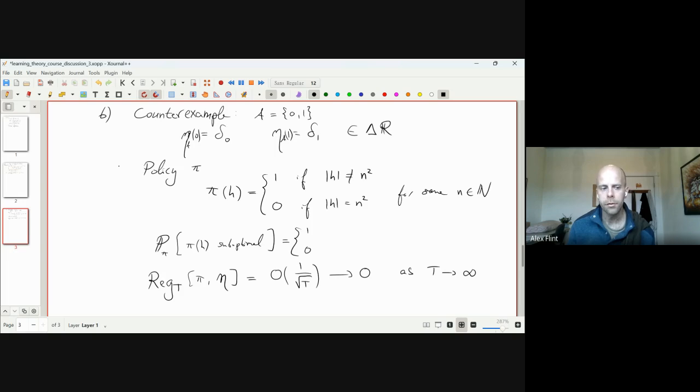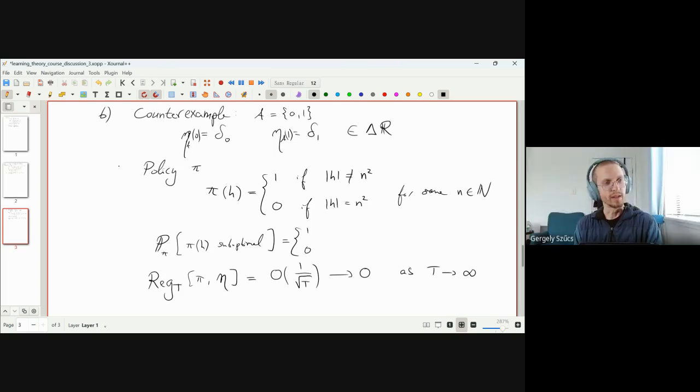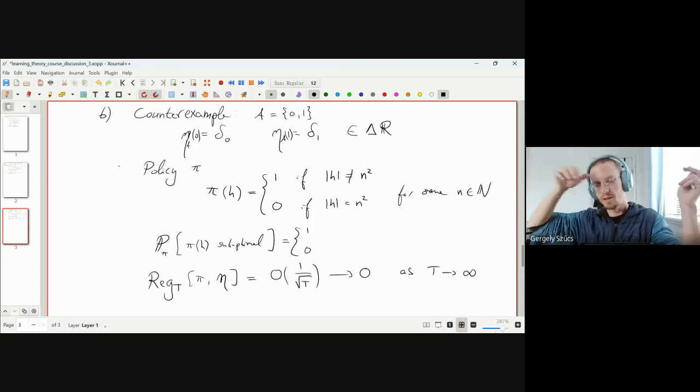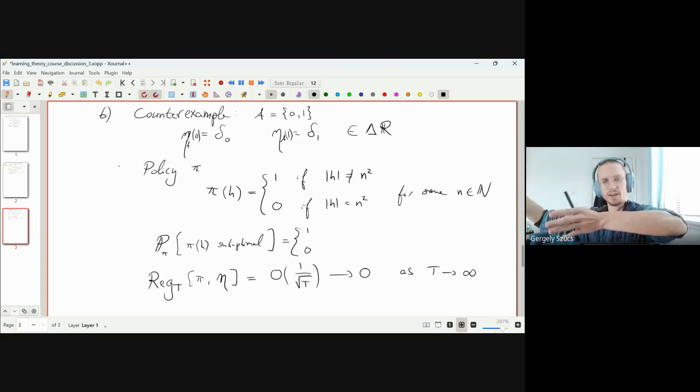It just stays. Well, if you take the version which was question 3, where you take explore then commit and turn it into an anytime algorithm, we run it for time horizon 1 and then 2 and then 4 and so on. So that one, arbitrarily far in the future, is going to have some new explore phase.